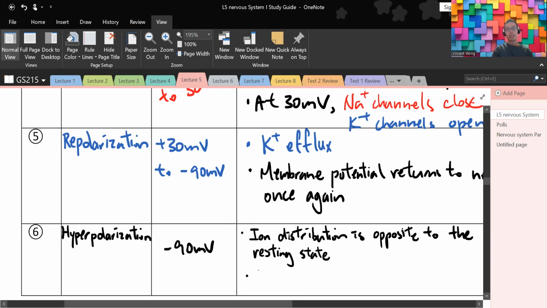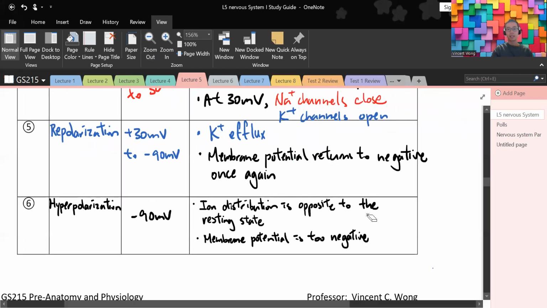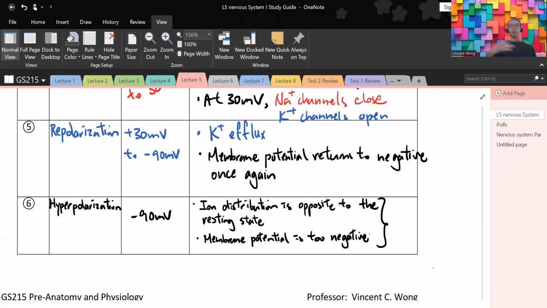Number 2, membrane potential is too negative. Okay. So these 2 things make it impossible for the neuron to transmit another signal immediately. Okay, so we must reset the neuron back to the starting state before it can pass on another signal, right?